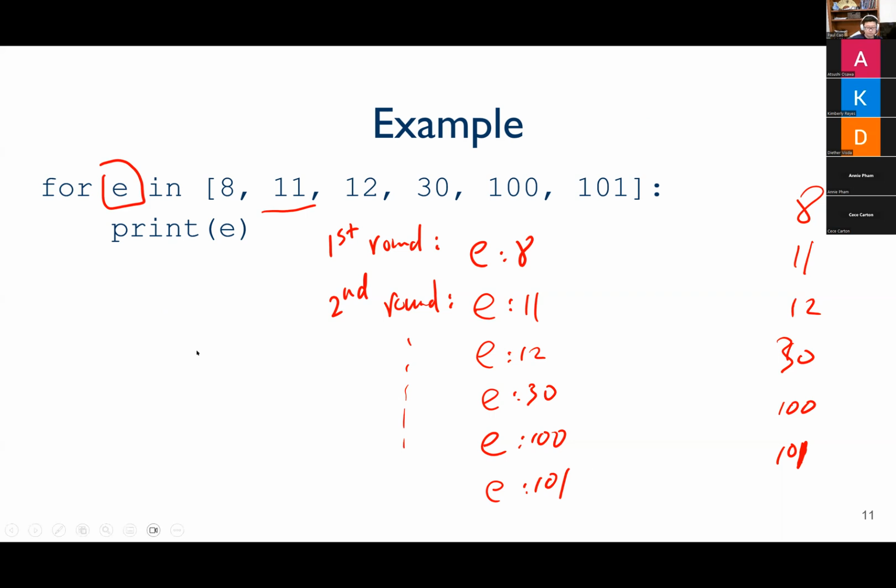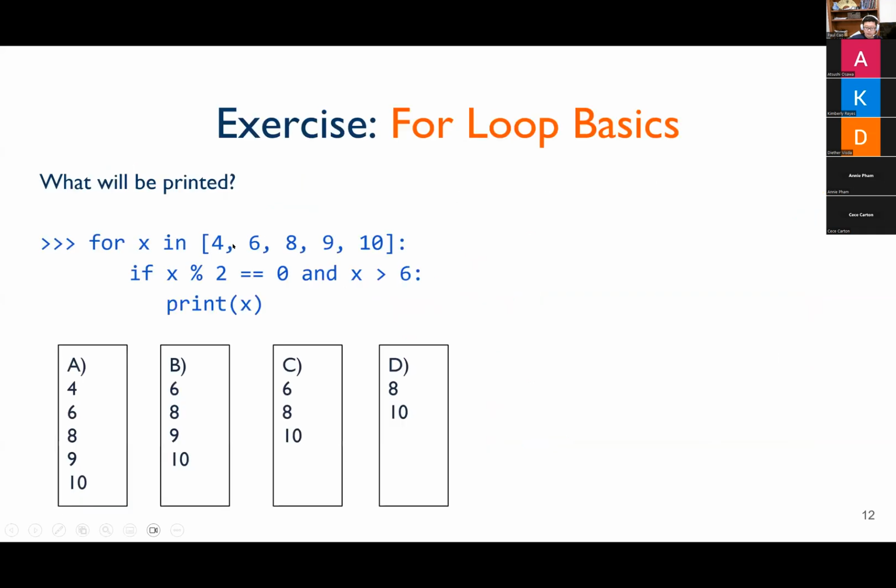Now, this is when you print out the value in here. Let's look at some examples. For X in this list, and I'm doing this, what will be printed out? Let's vote in, please. So X would take the value of each of these elements in the list.